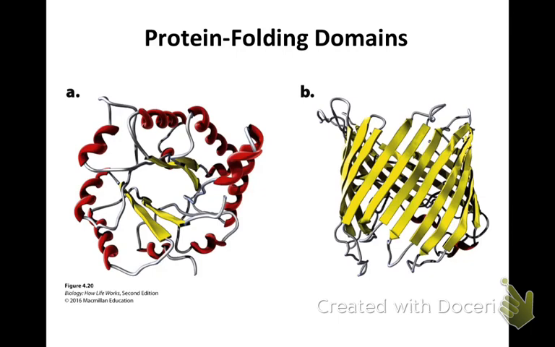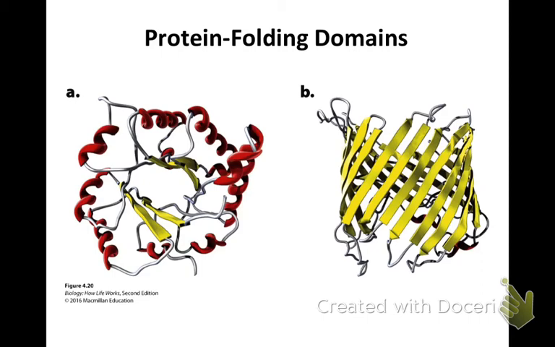Okay. We talked about this a little bit with the three-dimensional structures and the protein folding domains. In this particular case, remember, these are quaternary structures at this point. I've got multiple tertiary structures, and the domains themselves are elements or portions of the protein that have everything to do with their function.